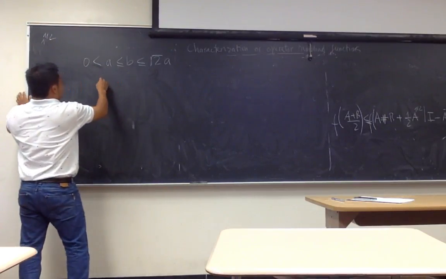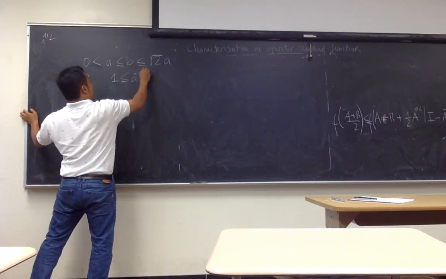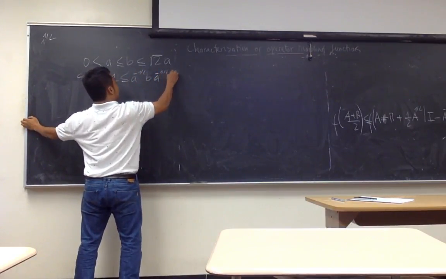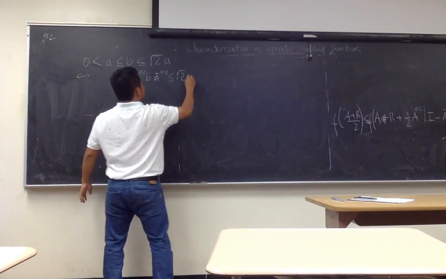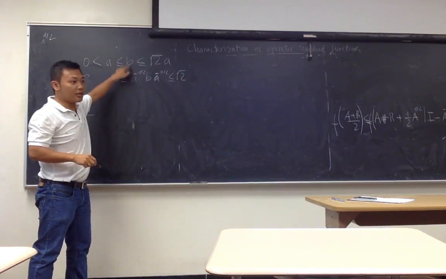So I can write this as 1 less than A^(-1/2) B A^(-1/2) less than square root of 2, just 1, right? I can rewrite this condition in this way.